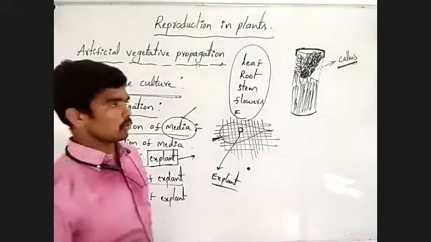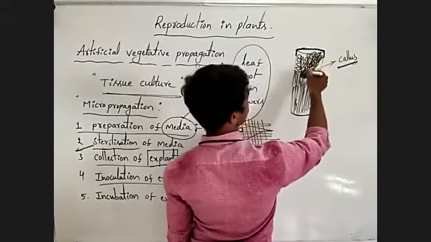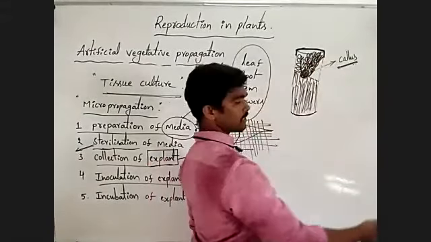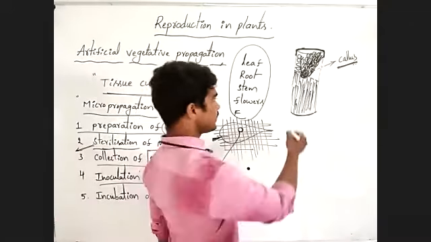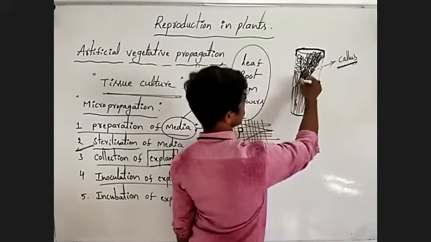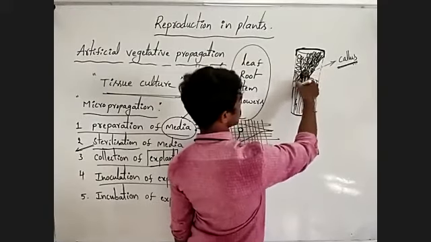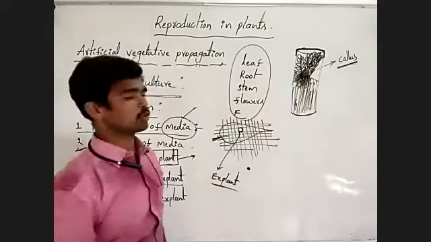Then we have to transfer the shoots into another test tube or another culture media again. Then a root system can be developed from the shoot.